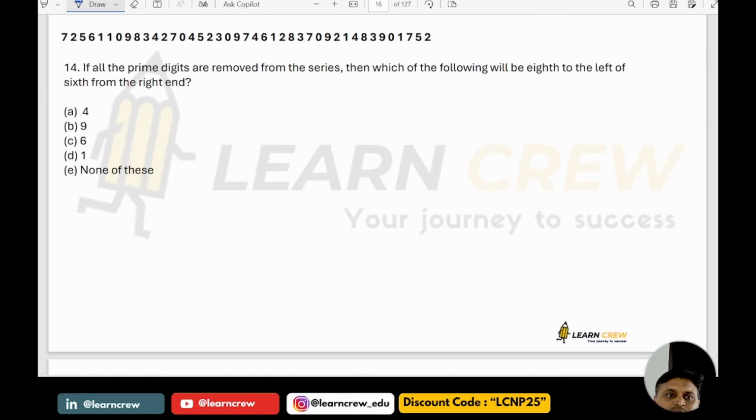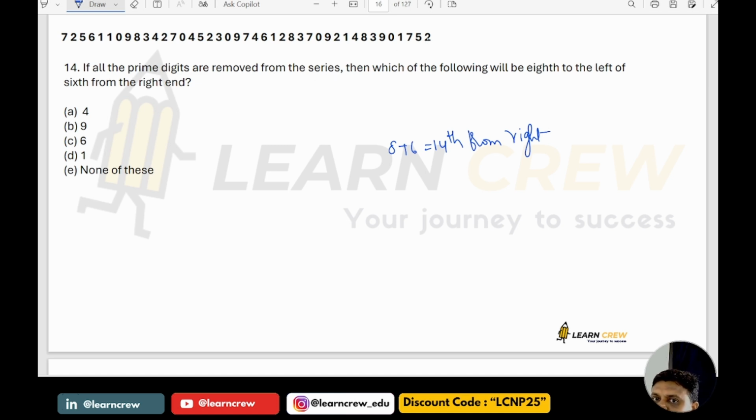Then question number 14. If all the prime digits are removed from the series, then which of the following will be 8th to the left of the 6th from right hand? So 8 plus 6 means how much? 14th from right hand you need to find out, after all prime digits are removed.